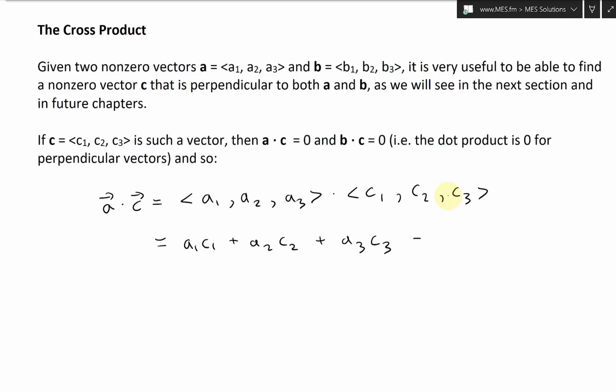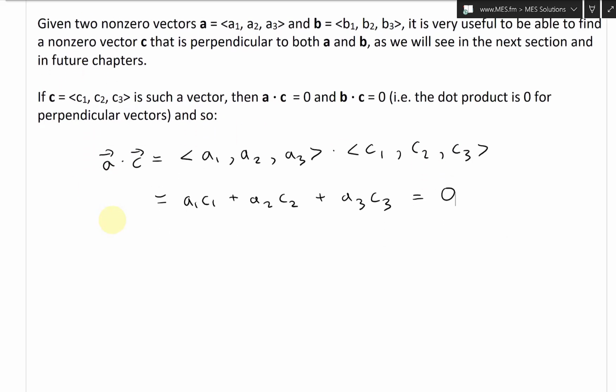Now this has to equal 0 if C is perpendicular to A. So we have that, and then similarly, the next one is B dot C vector. We could write it out like that, but it's going to be the same thing. So we're just going to write B1 C1 plus B2 C2 plus B3 C3.